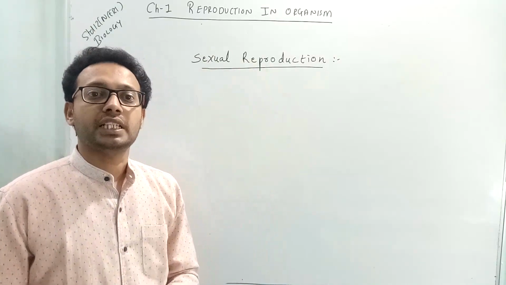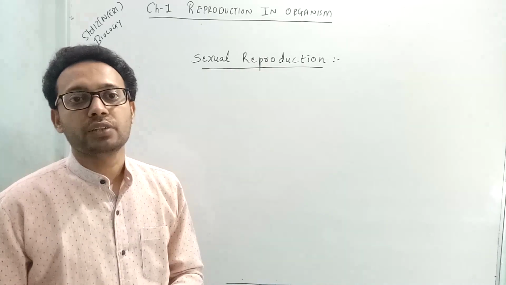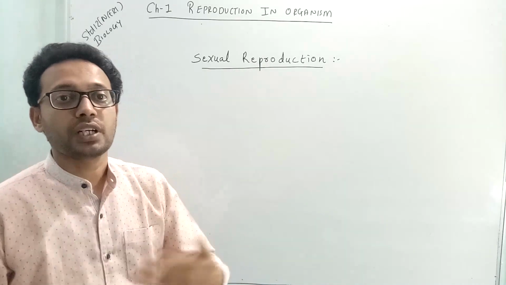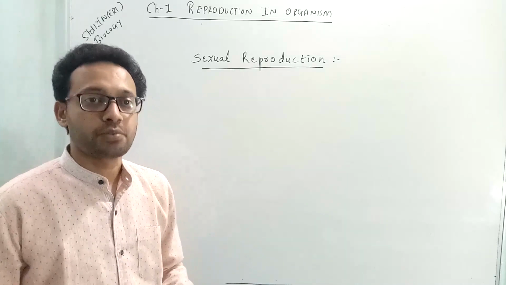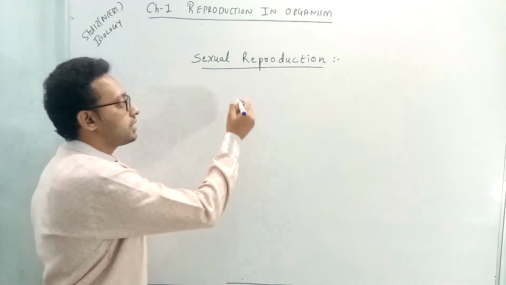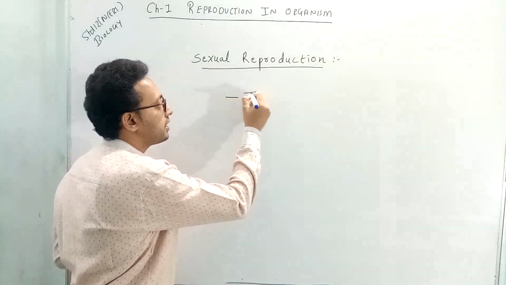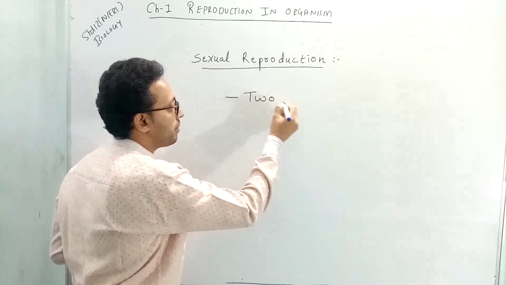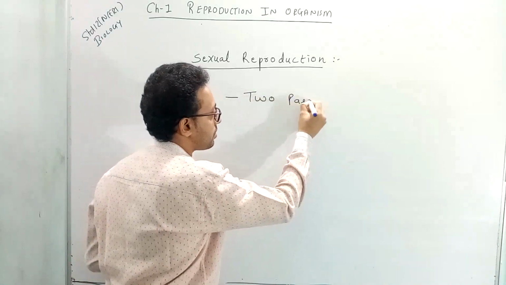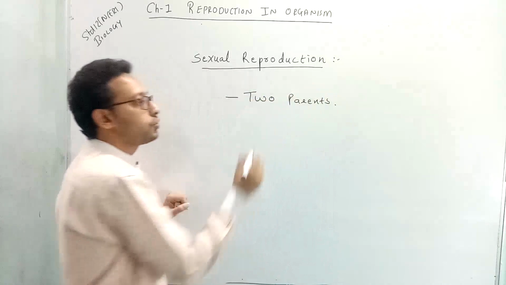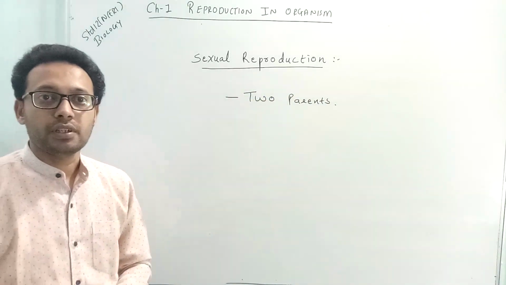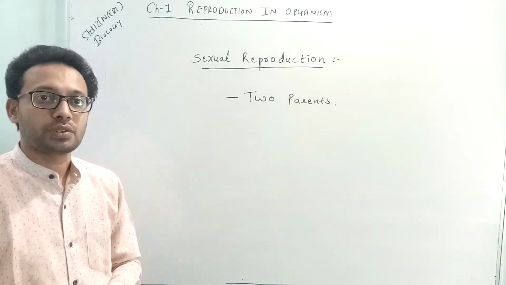As we have seen in the difference of sexual reproduction, what are the characteristics of sexual reproduction? One characteristic is that it requires the involvement of two parents. The two parents are necessary in the case of sexual reproduction.